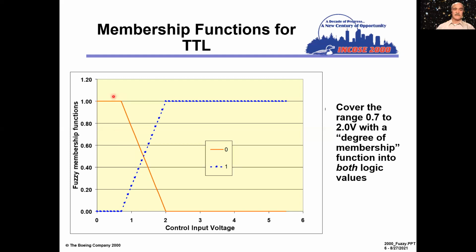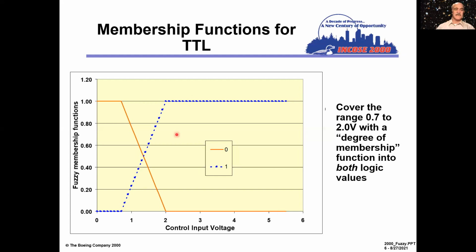And similarly, for the value above 2 volts, the membership function for 1 is 100%, and the membership function for 0 is 0. So that preserves the standard definition of TTL.